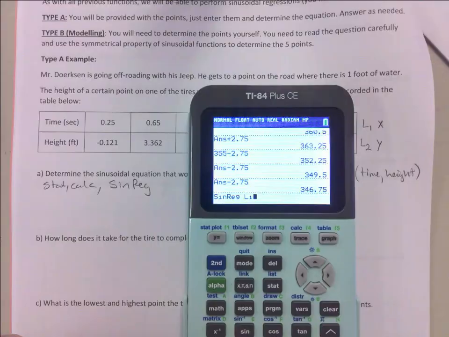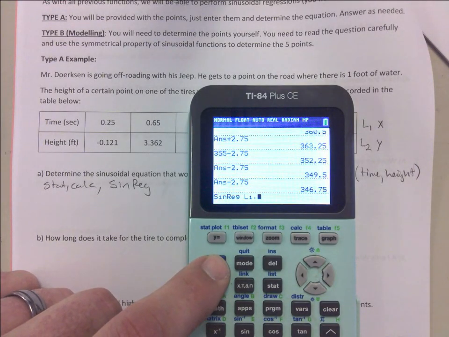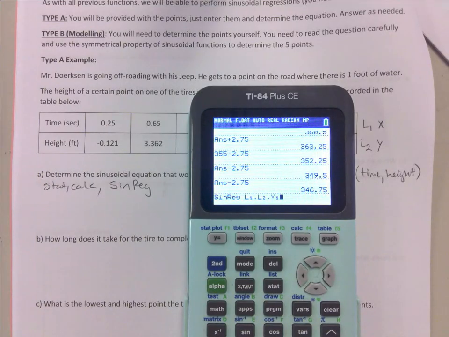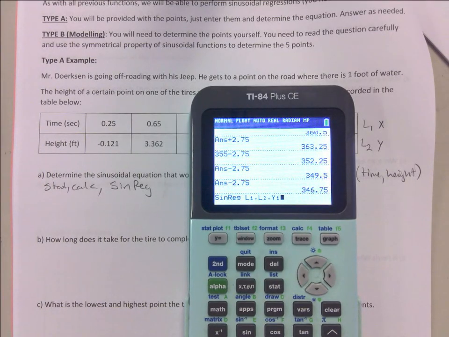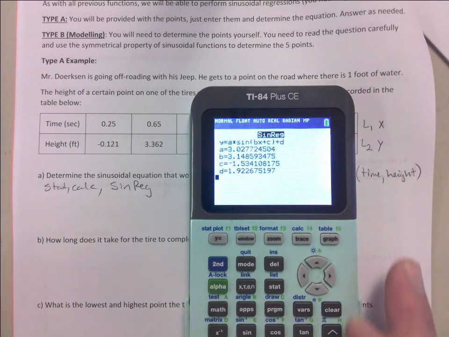I don't think anybody mistakenly used linear reg instead of natural log reg. So way to go, guys. I think you're the first group where I can say that. SinReg, L1, L2, Y1, just like before. There you go.